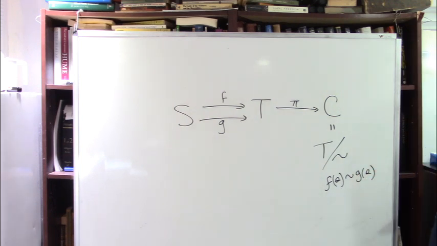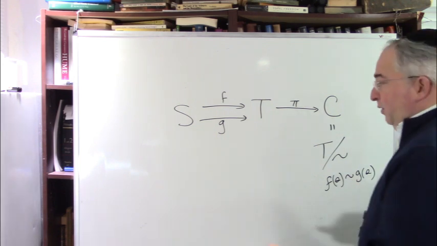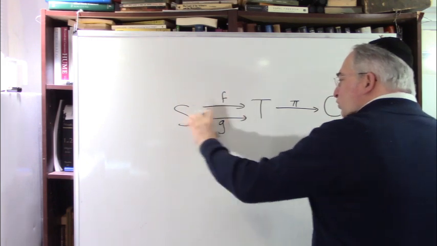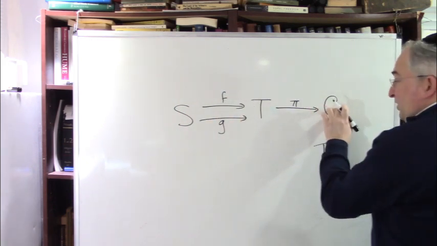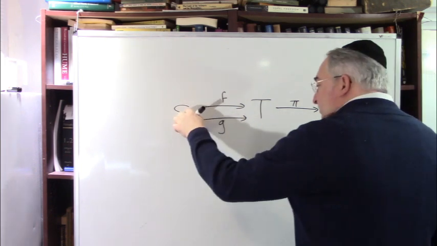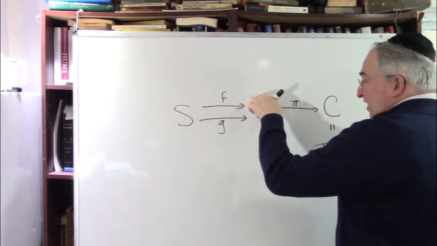Okay, so that's not always true. In other words, f of s is not usually equal to g of s, but what we do is we crunch the elements and say, look, whatever this goes to, that's going to be the same as this. Okay, now look what we do. Pick a typical element here, followed by f. Okay, so this is going to be f of s.